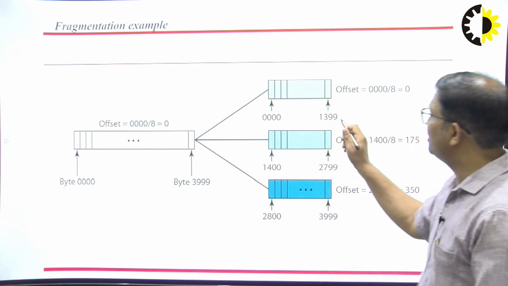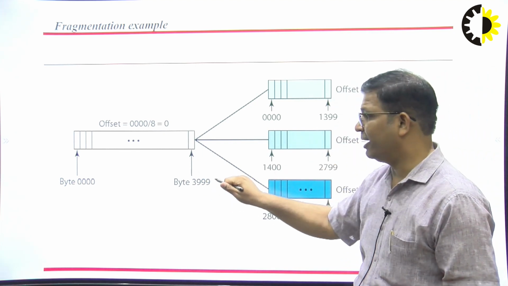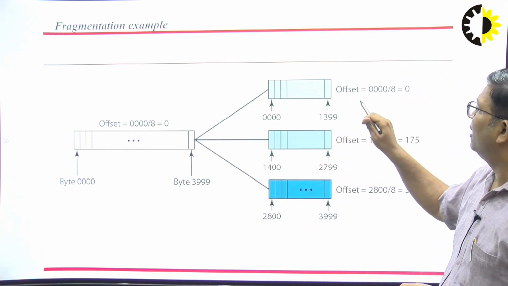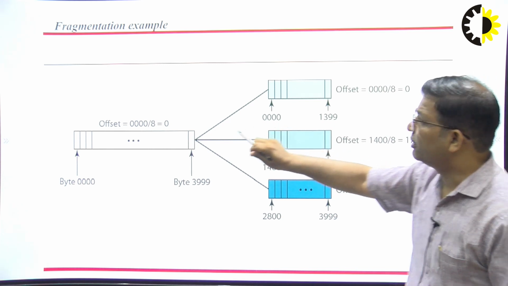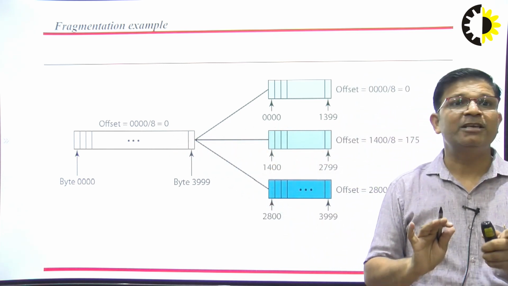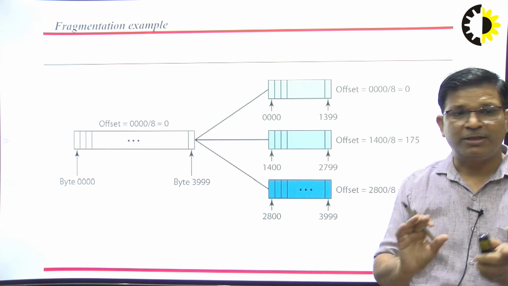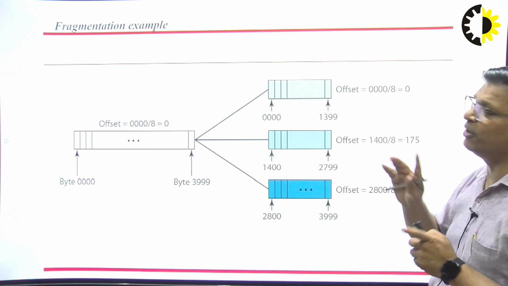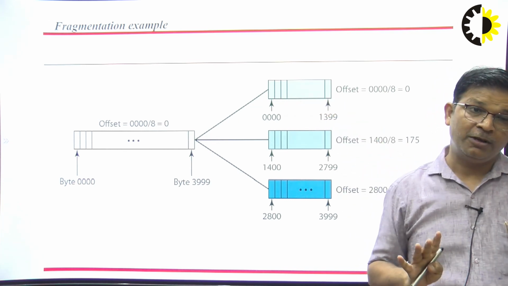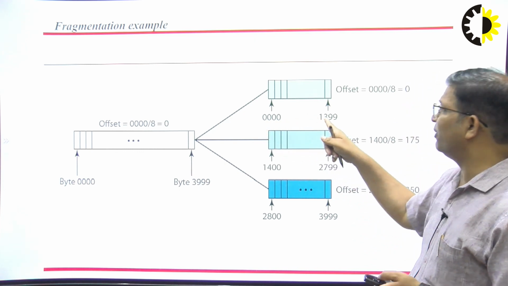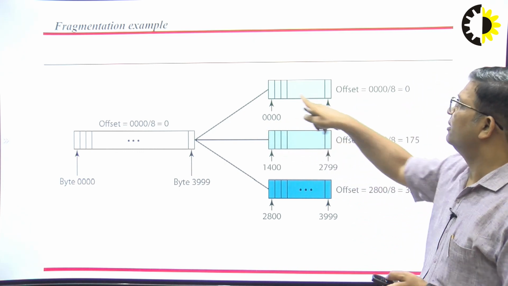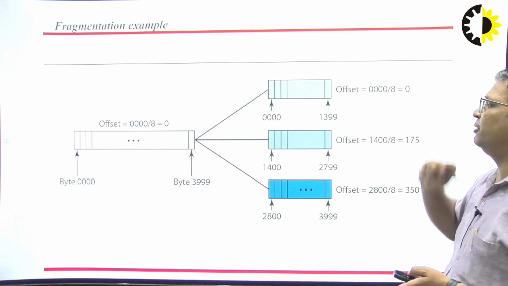If the total size is 3999, the first fragment is given a size of 1400, so the range is 0000 to 1399. The offset is 0 divided by 8, which gives 0.